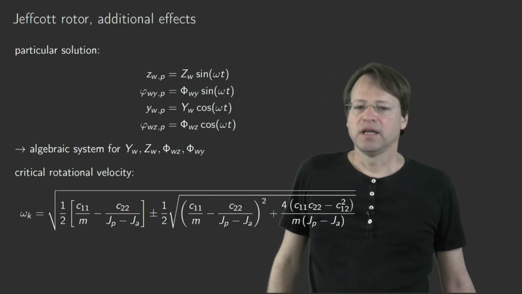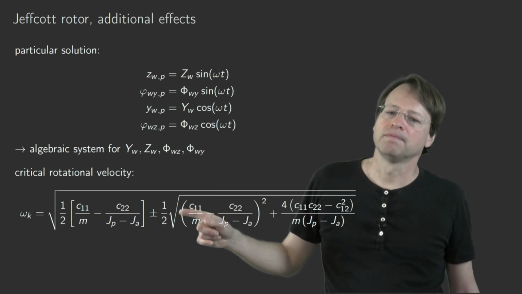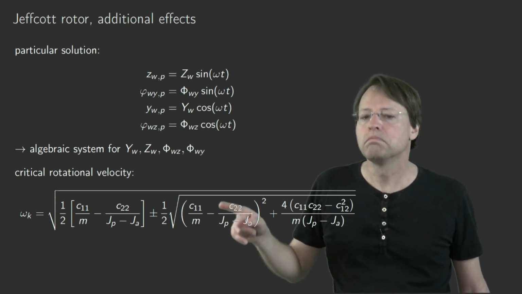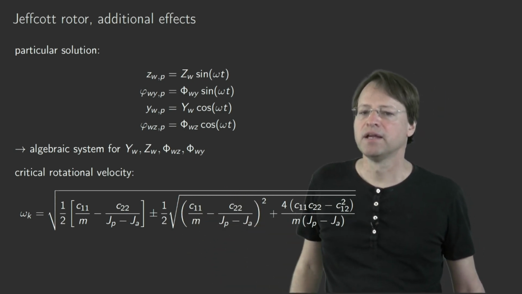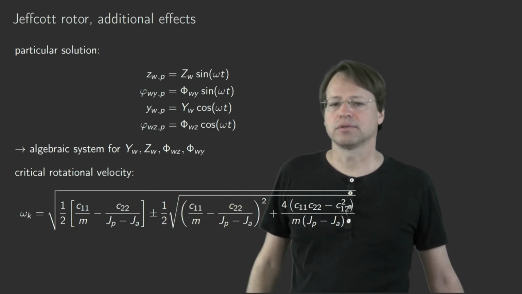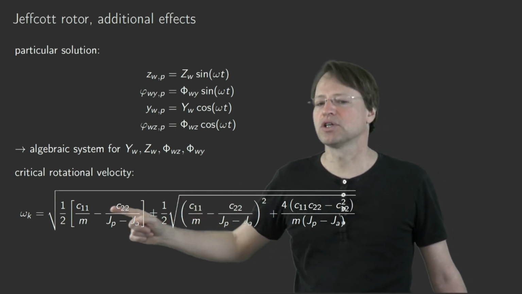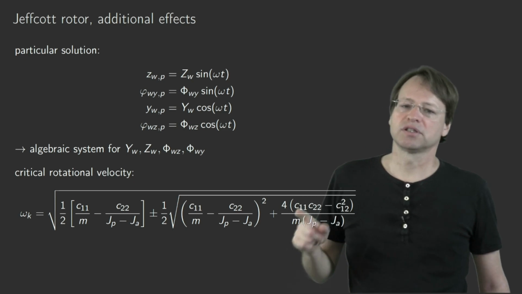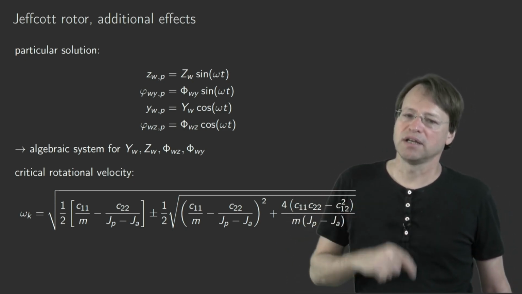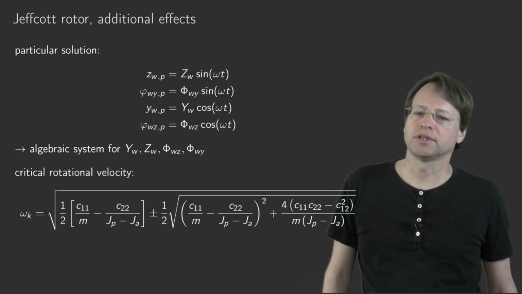Well, there is the possibility of having another critical speed, so two positive values for that radicand here, if the second term is less than the first term, as the first contribution of that second term of that square root copies just this term here. The question is, how about the sign of that term? If the sign of this term is negative, then we will have two critical rotational speeds.